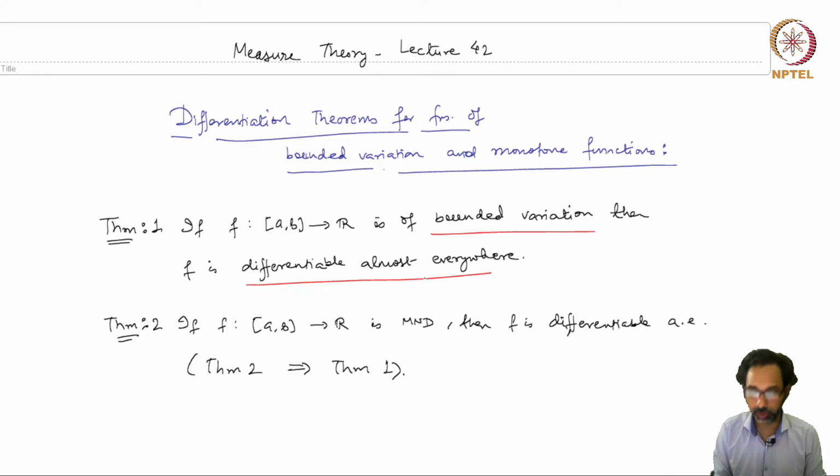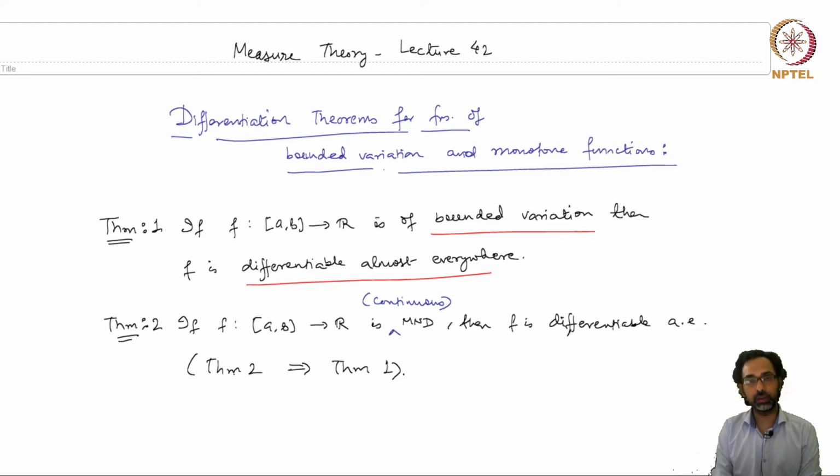strengthen our hypothesis, and we will assume that this is a continuous function which is monotonically non-decreasing. Once we have established it for continuous functions, we will use what's called a continuous-singular decomposition for monotonically non-decreasing functions, and prove it for both parts of the decomposition.